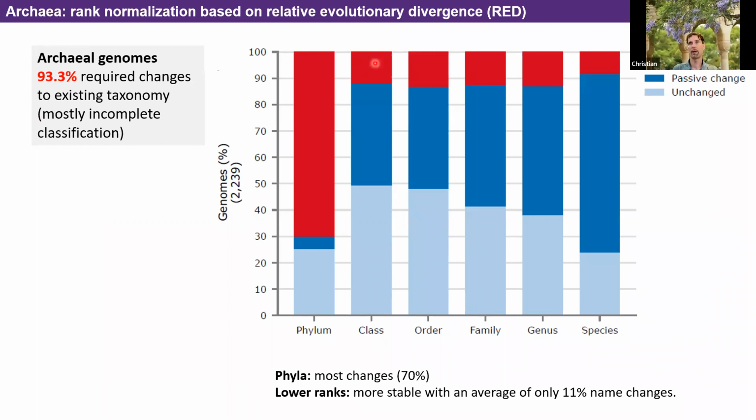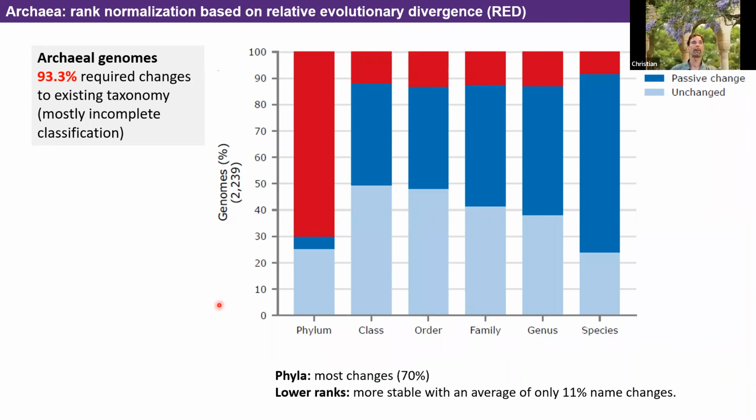That was when we actually went in there and had to actively change the taxonomy. Passive was when there was no information and we filled it in. And in light blue, those are unchanged. So you can see that overall, we only changed about 10% of the taxonomic assignments for each of those ranks, except at the phylum level. At the phylum level, we had quite big changes, about 70%.